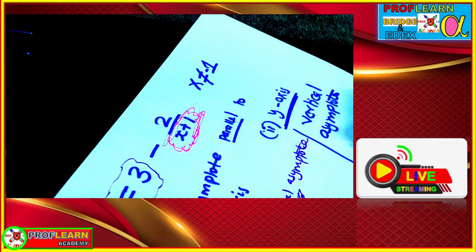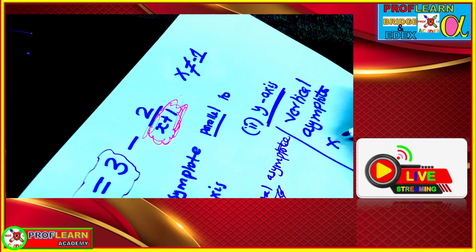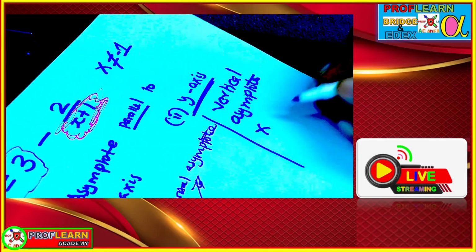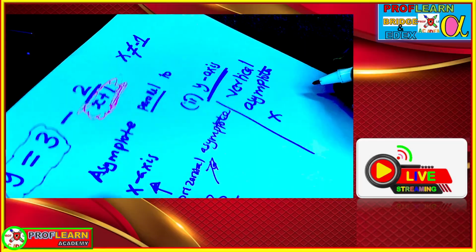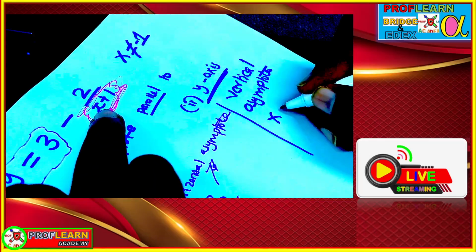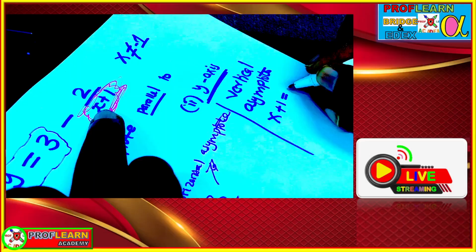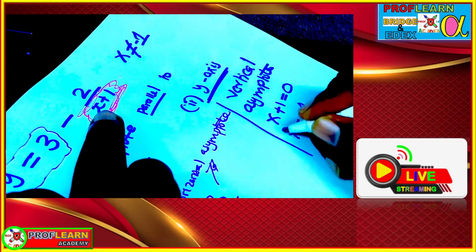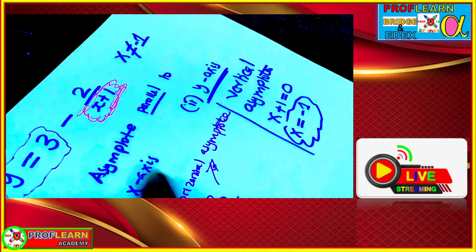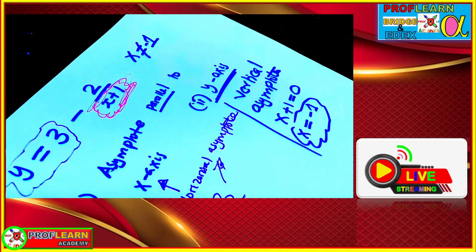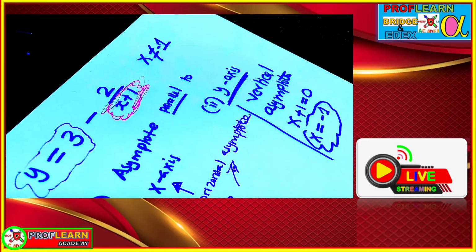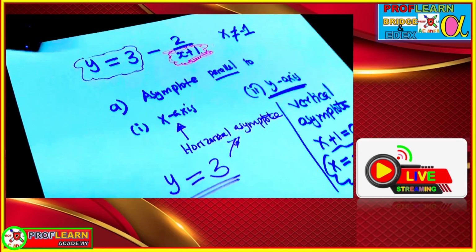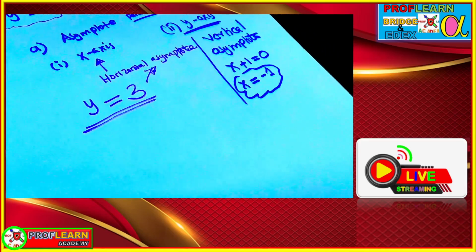Then x plus 1 should be equals to 0, so x should be equals to -1, and this becomes our vertical asymptote. Now how do you represent that if we are talking of a graph?